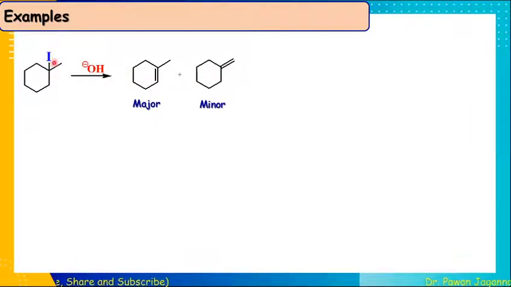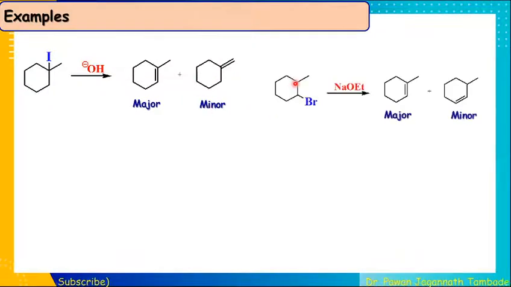During the elimination reaction, this iodine and the hydrogen atom on the next carbon, that is the beta carbon, can leave the molecule and we will get this alkene as a product, or along with this iodine, hydrogen from this carbon may leave and we will get this type of alkene as a product. So out of these two products, this is the major product because it is more substituted, and this is the minor product as it is less substituted. This is according to Zaitsev.